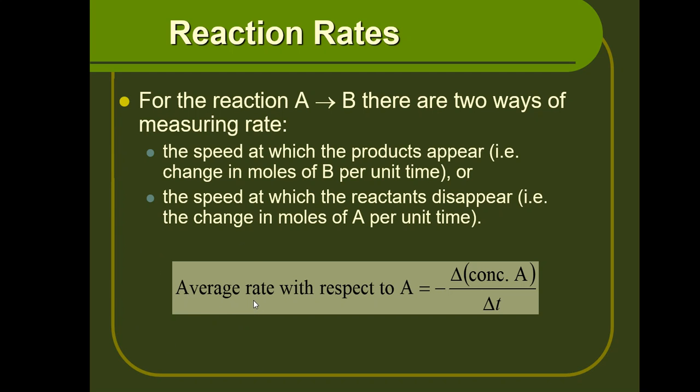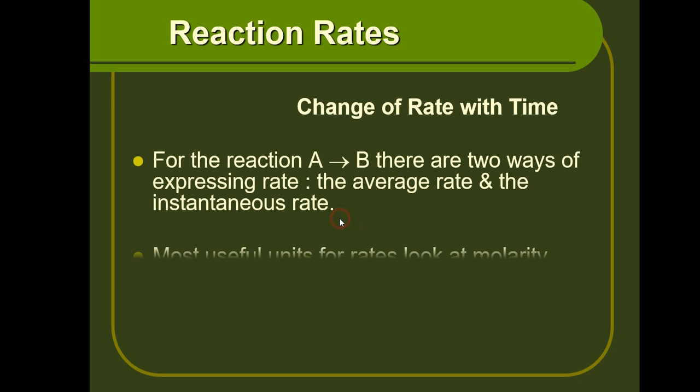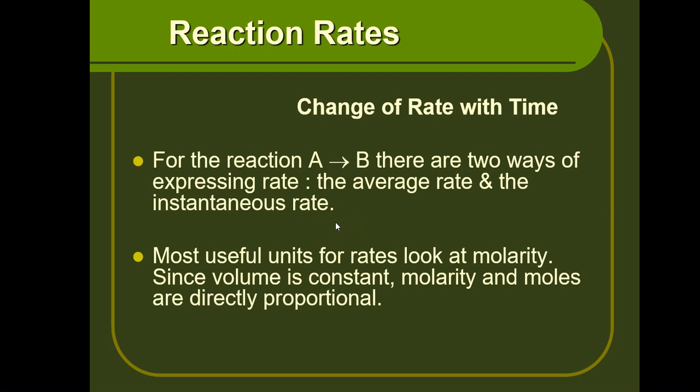So what are the units we have for the change in the concentration with respect to time? It would be mole per unit volume per unit time. So that would be our rate of A or our rate of B, on how it's going to change in a particular reaction that we have hypothetically represented as A being converted to B. Now, I said a while ago that there is a much more accurate way of expressing the rate.